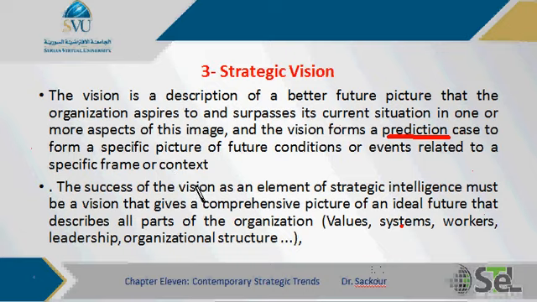The success of the vision as an element of strategic intelligence requires a vision that gives a comprehensive future. Where do you want to be in the future? An ideal future that describes all parts of the organization: values, systems, workers, leadership, organizational structure.